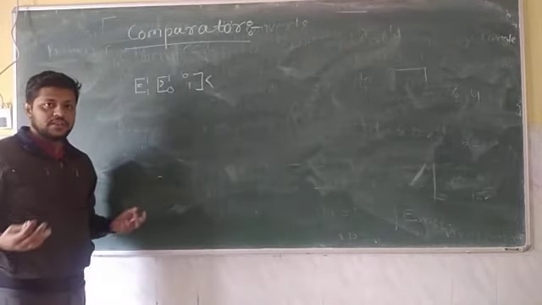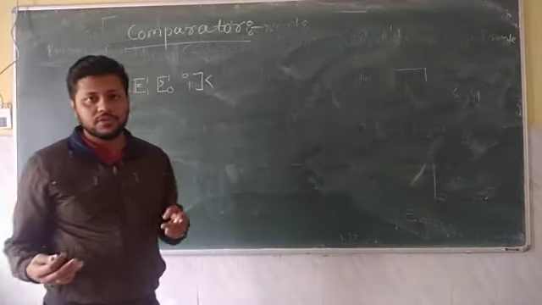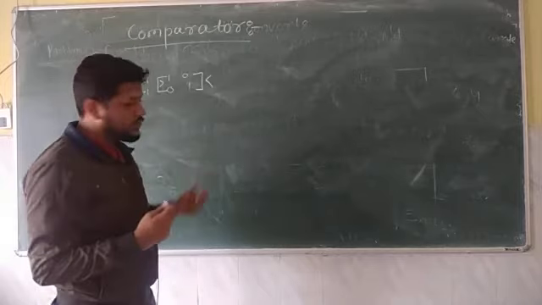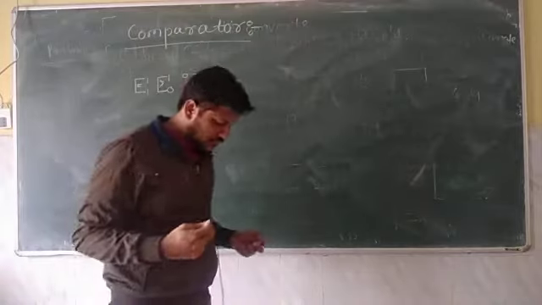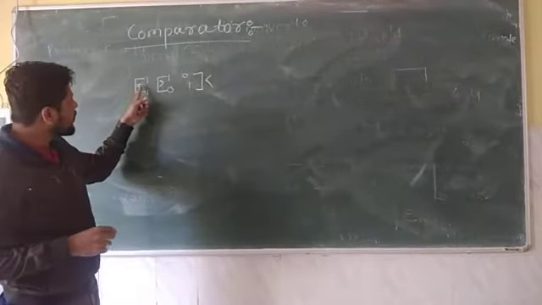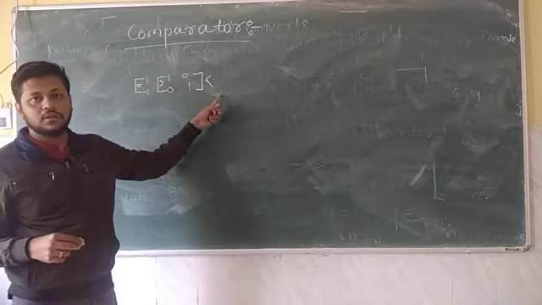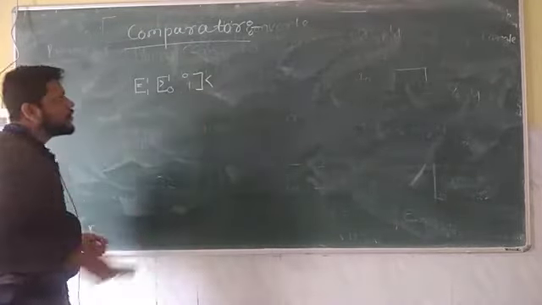So three cases, that means we have three outputs, and we are going to give two inputs, that is, we compare only one bit with one bit. Now we will study the 1 bit comparator. So here three outputs: either the bits are equal, or greater, or lesser. This we should keep in mind.